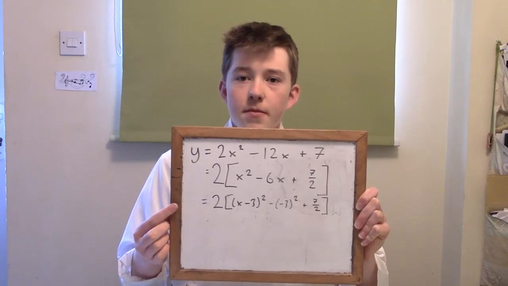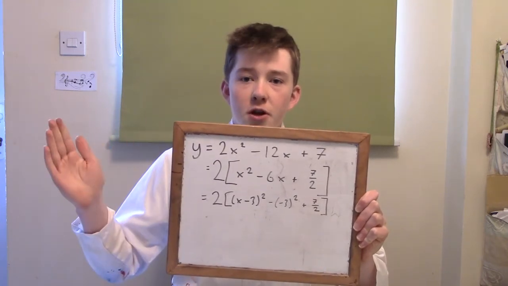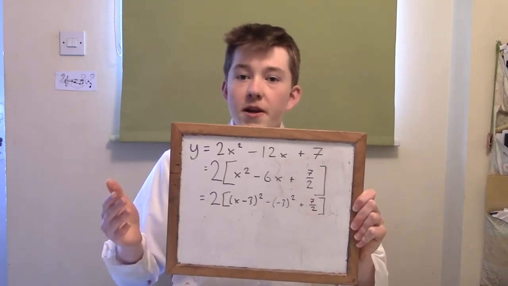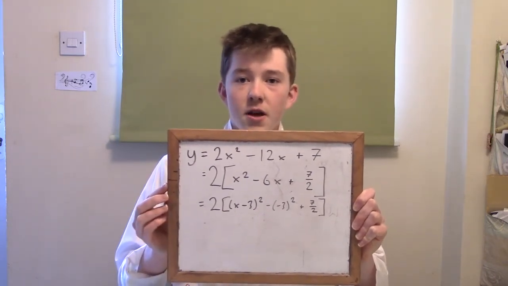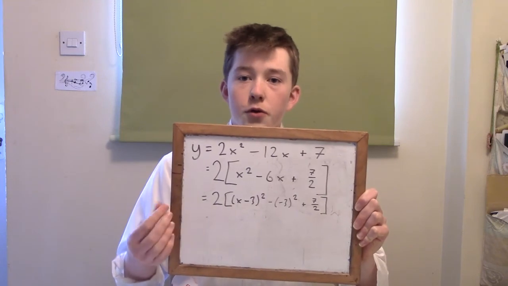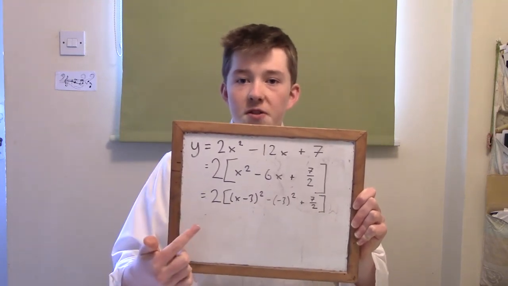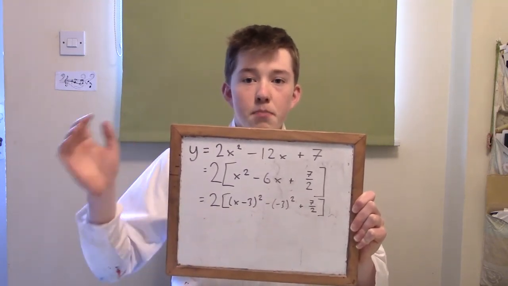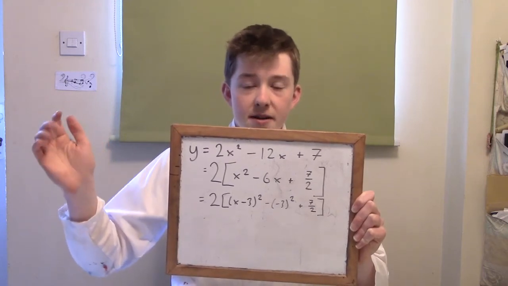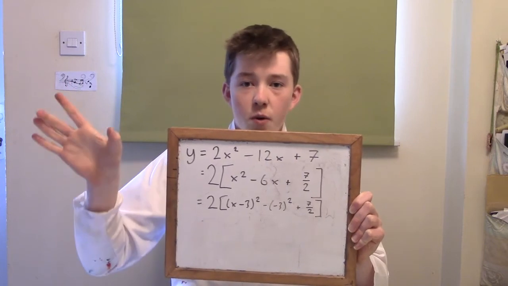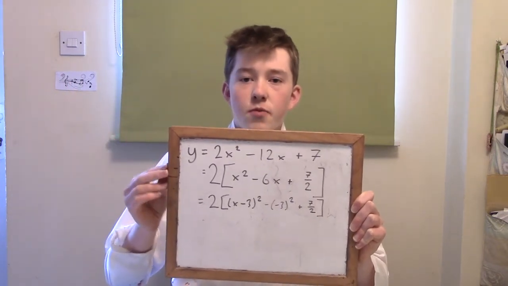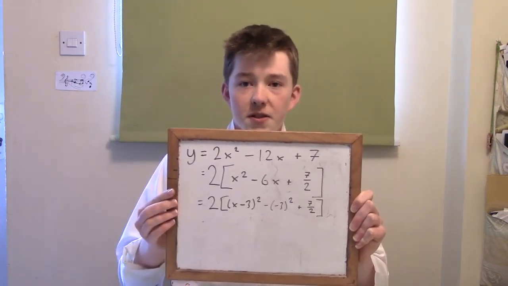As you can see, after taking the 2 out of the equation as a factor, we simply continue as we would anyway inside the square brackets. We can effectively ignore the 2 for now. So once again, we do the x minus half b in a bracket and then square it, and we take away half of b squared in a bracket, and then we add the c constant once again.